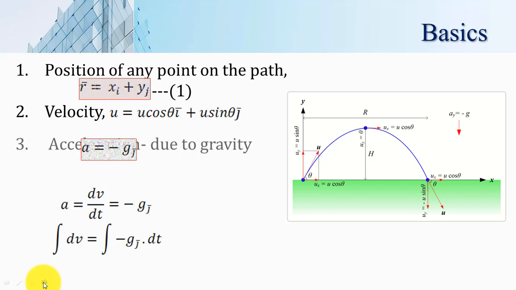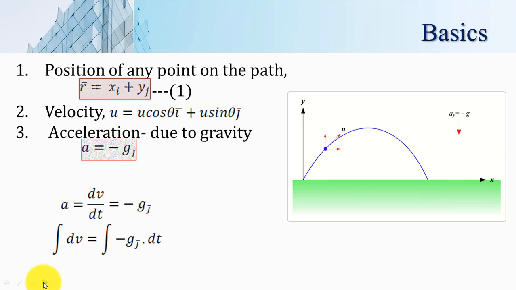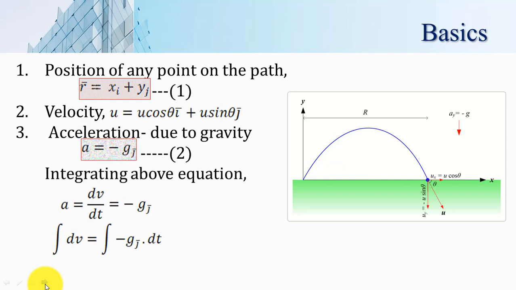And as initially we stated, the acceleration here is only because of gravity. Hence the acceleration due to gravity is shown with the acceleration vector as minus g into j. Based on this acceleration, if we integrate, we have already seen that acceleration is nothing but the rate of change of velocity, that is dv by dt, equal to minus g j in vector form.